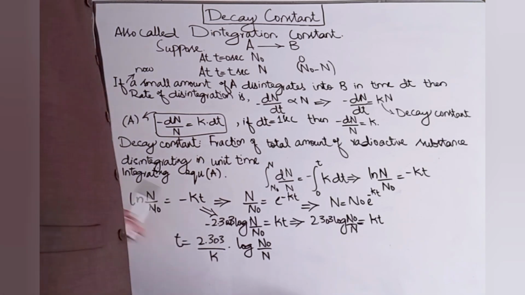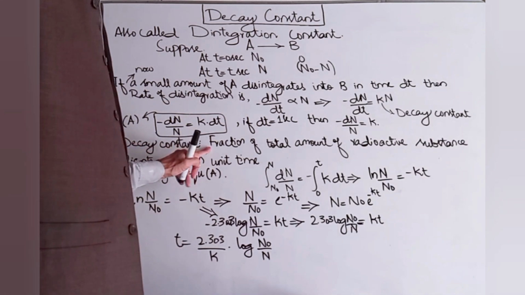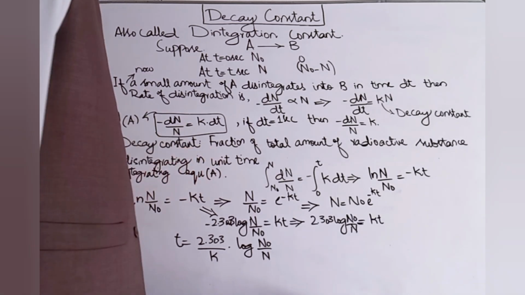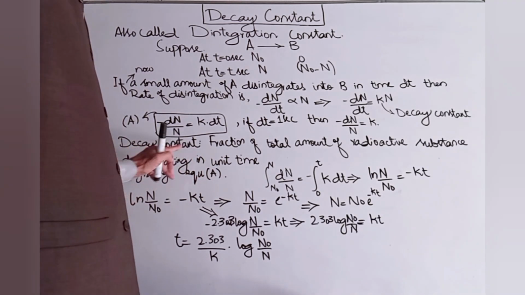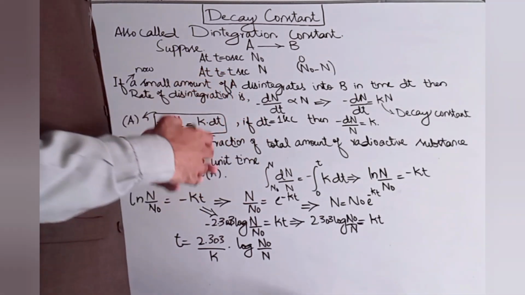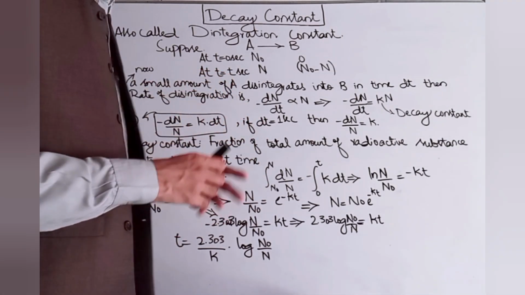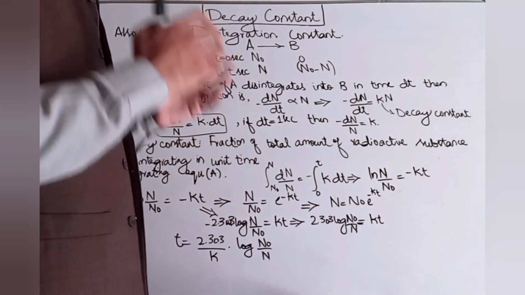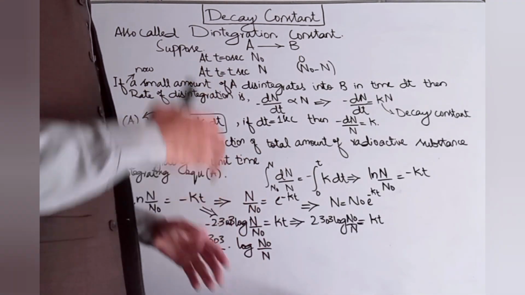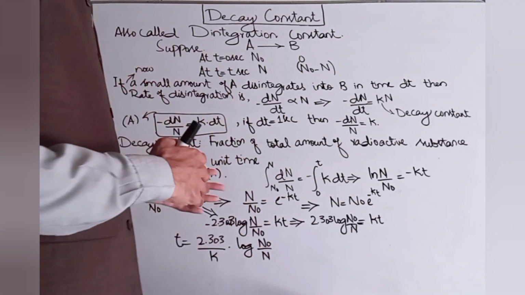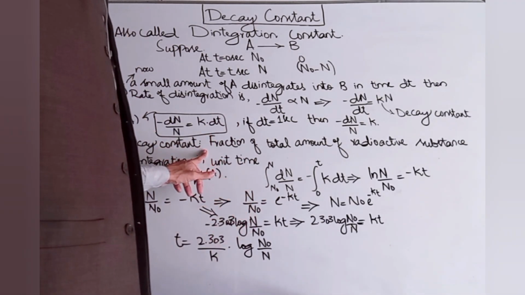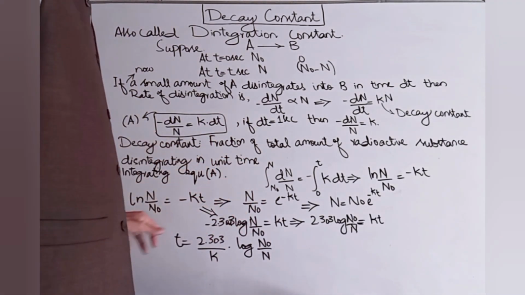The decay constant is the fraction of total amount of radioactive substance that disintegrates in unit time. So the decay constant is basically the number of atoms of this radioactive substance that decays in unit time.